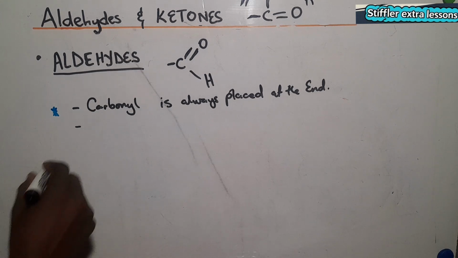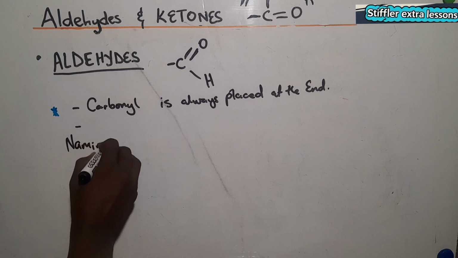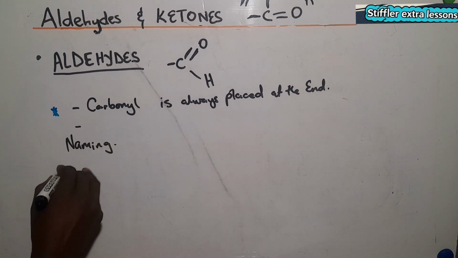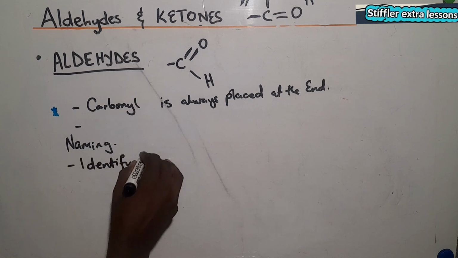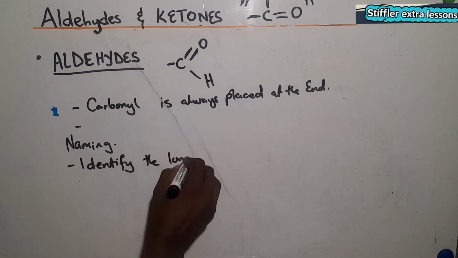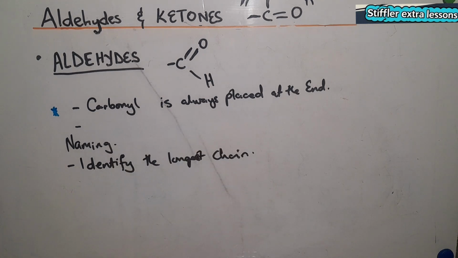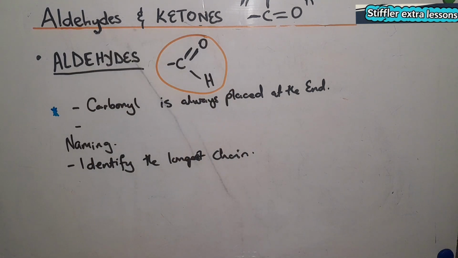So to name the aldehydes, what we do is identify the longest chain. But since this functional group is always at the end of the chain, there's no need to number, because you always know that it's at the end.